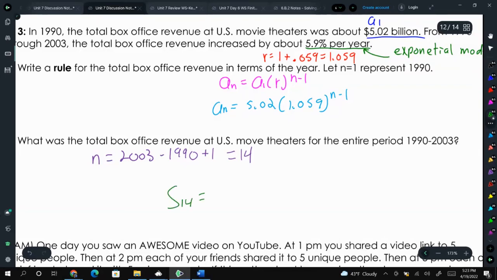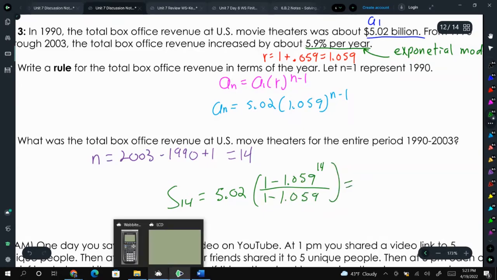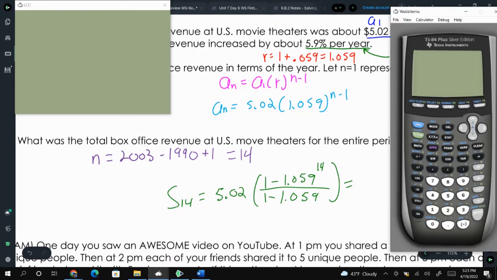So the sum of these 14 years is going to be 5.02, that's a sub 1, times 1 minus 1.059 raised to the 14th power over 1 minus 1.059. So we're going to type that into our calculator.